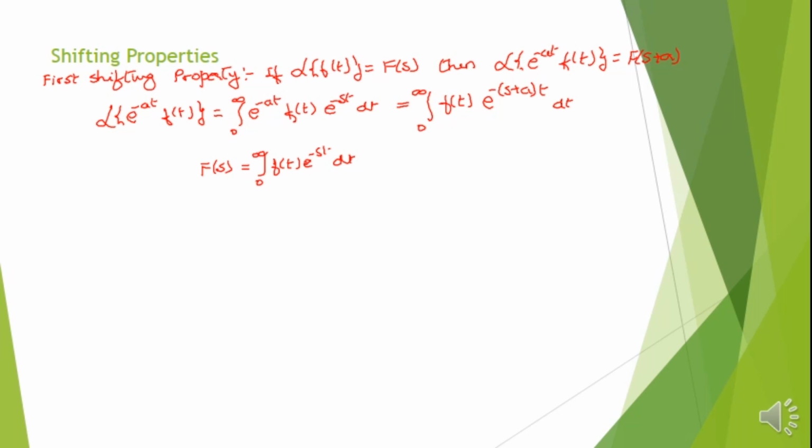So this Laplace transform of e to the power minus at f of t equal to F of s plus a. So comparing this and this, this is the first shifting theorem.